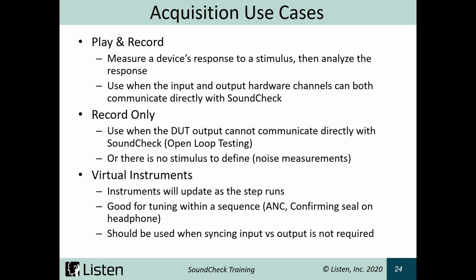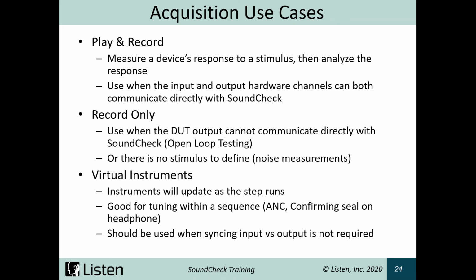Record only we'll need to use when the DUT output cannot communicate directly with SoundCheck. So a really common use for this one would be something like a smart speaker or a cell phone speaker. I can't plug my output of SoundCheck into my phone and make the speaker output my stimulus.